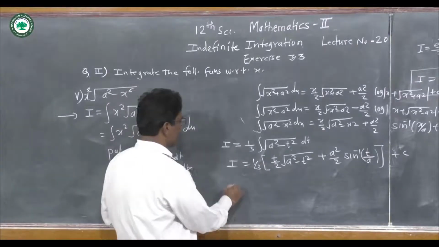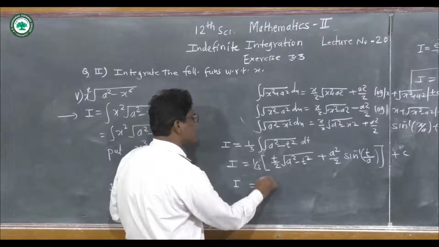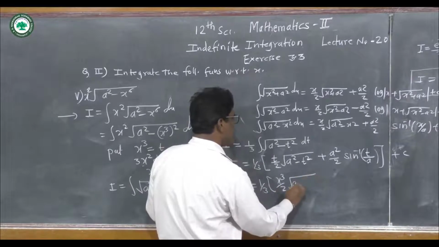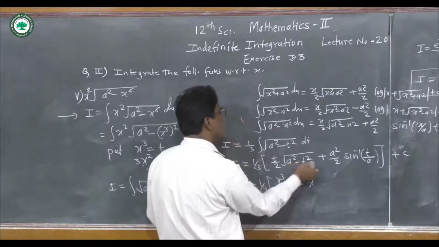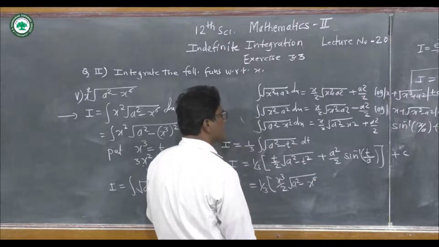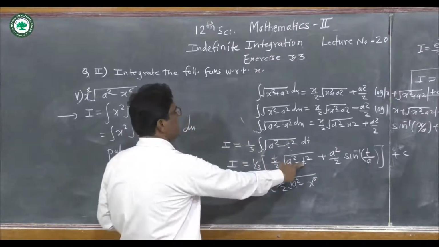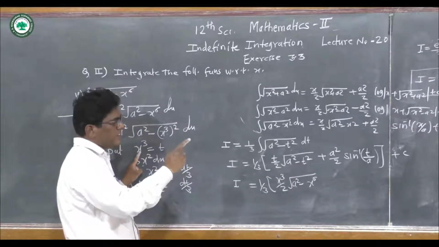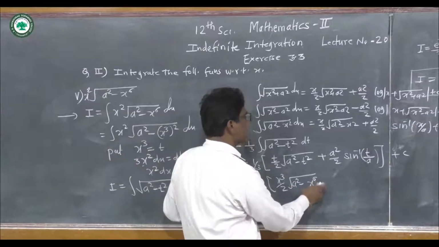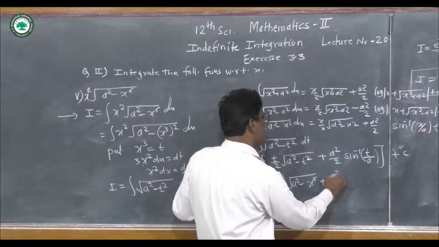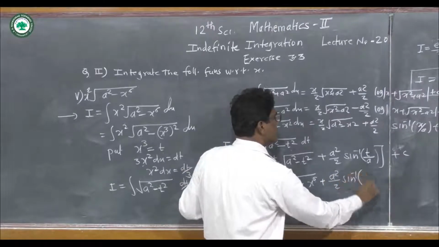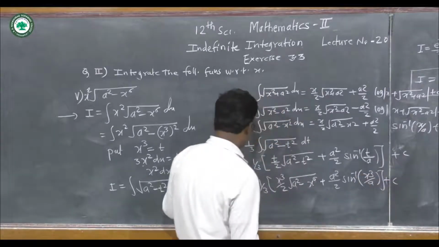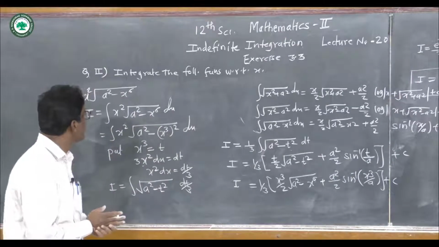So I is equal to 1 upon 3 as it is in the bracket, x cube divided by 2 under root of a square minus x cube square, that is x to the power 6, plus a square upon 2 as it is, sine inverse of x cube upon a, square bracket complete, plus constant of integration. This is the final solution for this 5th problem.